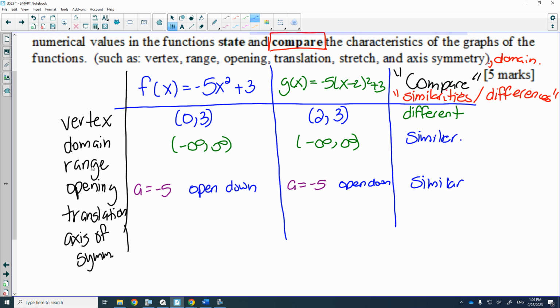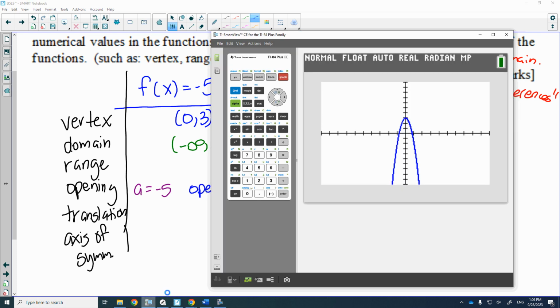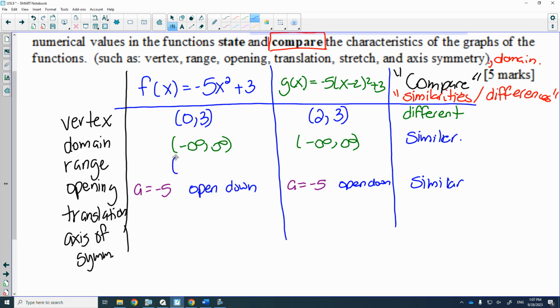The range. The range of this first guy, what would the range of this be? Jack, what's the range of this graph? Yes. Okay, round bracket, negative infinity, comma 3, square bracket.